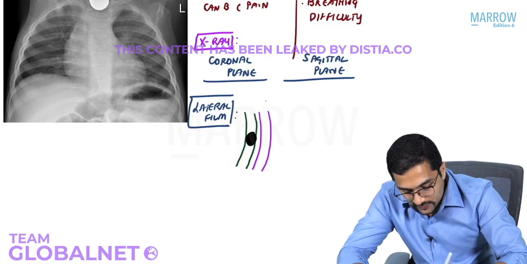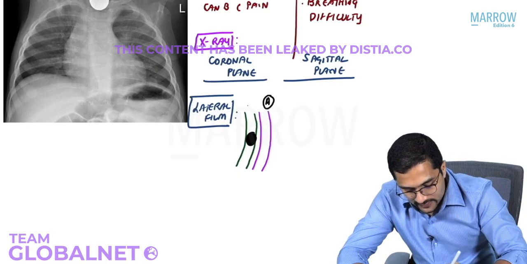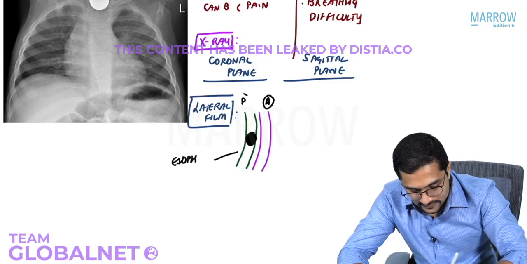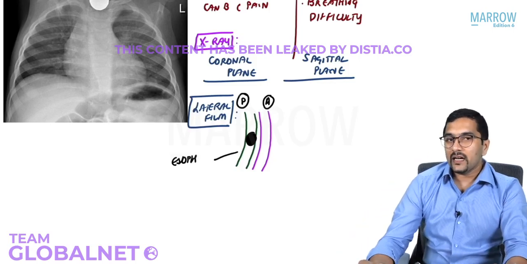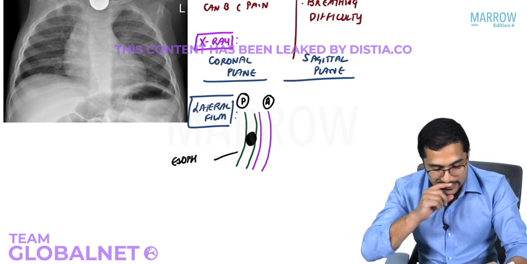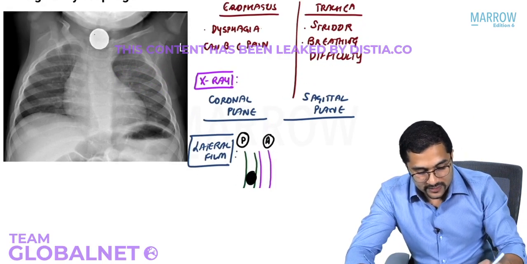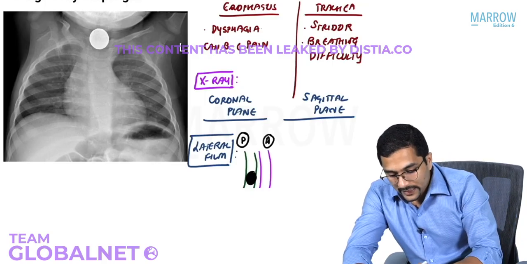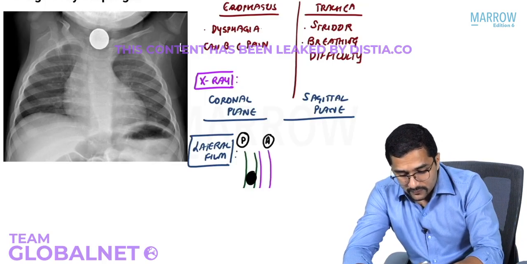That is how we can get to know whether it's in the trachea or in the esophagus. You can see a foreign body in this image. This was a child who had swallowed a coin and it was there in the esophagus.